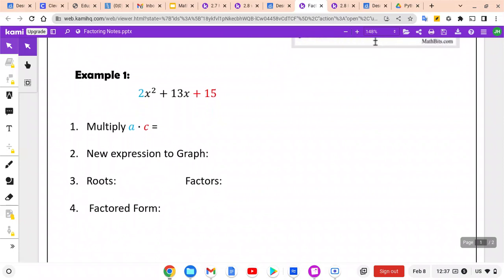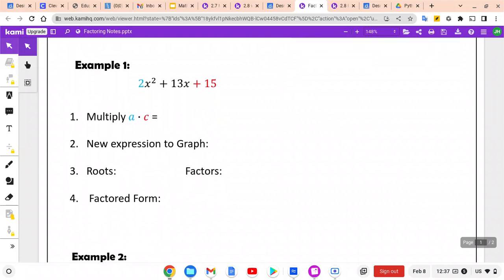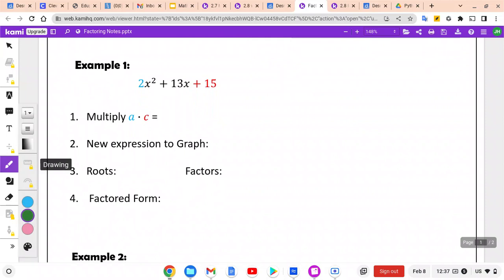So here we have example 1, 2x squared plus 13x plus 15. So we identify our a, b, c. And we're going to slide and divide. We're going to multiply a times c. So 2 times 15 is 30. So our new expression is x squared.